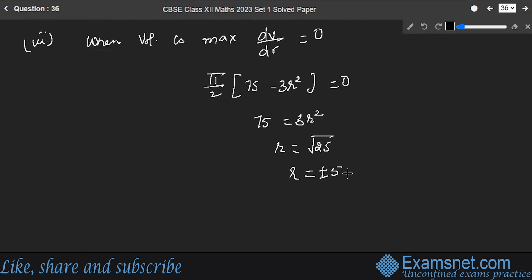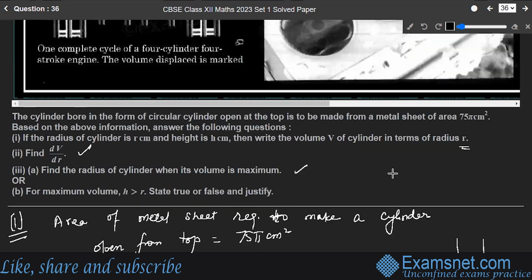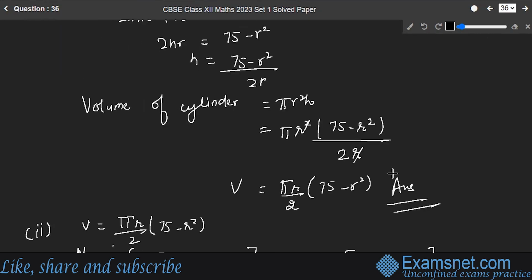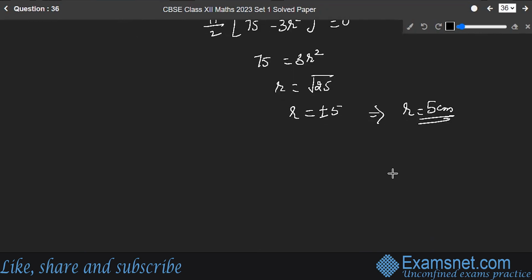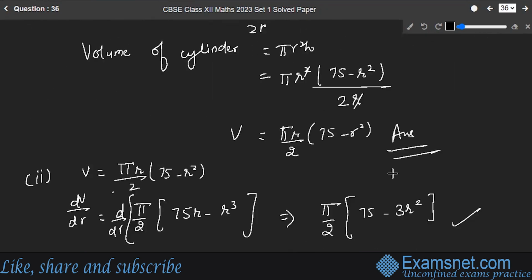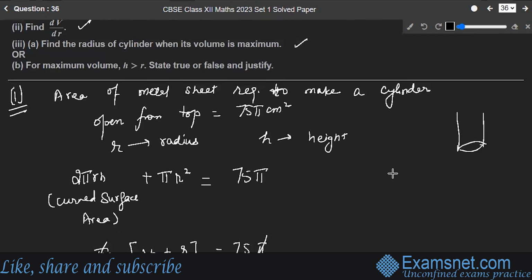So definitely it's not going to be negative. r will be positive only. Units are given. Yeah, this is 5 centimeters. The radius is equal to 5 centimeters. What you have to find out in the third part, find the radius of the cylinder when the volume is maximum. So the radius is 5 centimeters.